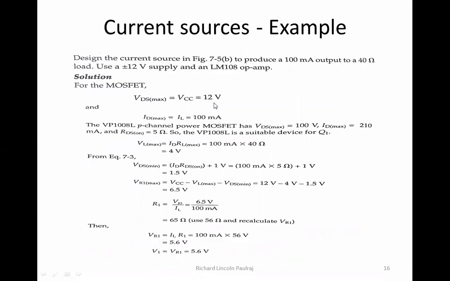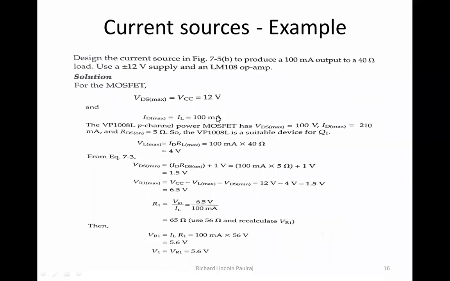And ID max, the load current, is given as 100 milliamps. We have got this from the question, so it produces a 100 milliamp output. As I mentioned previously, the drain current ID becomes the output current that we need.